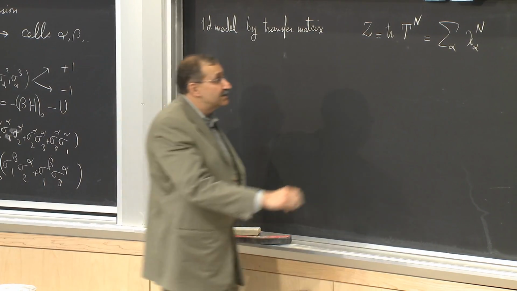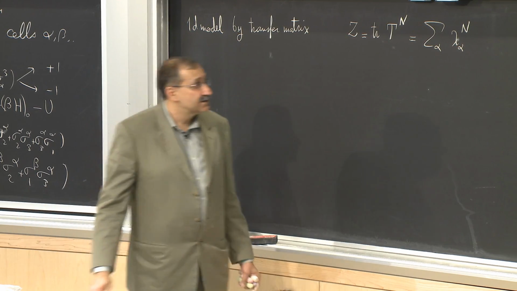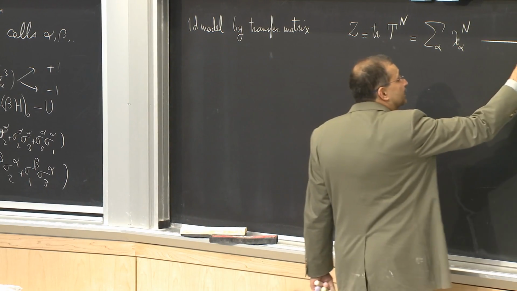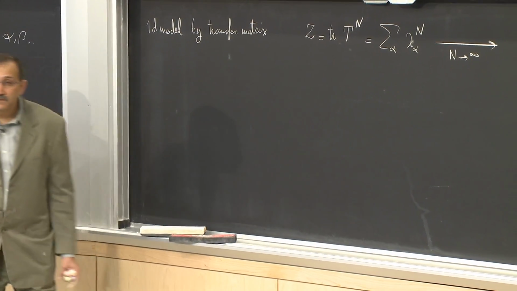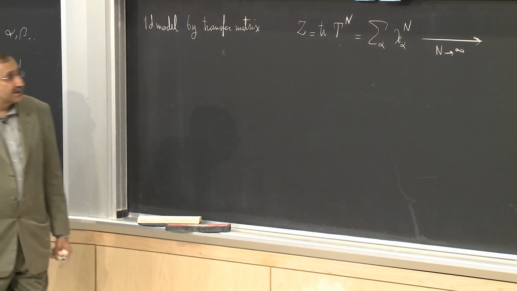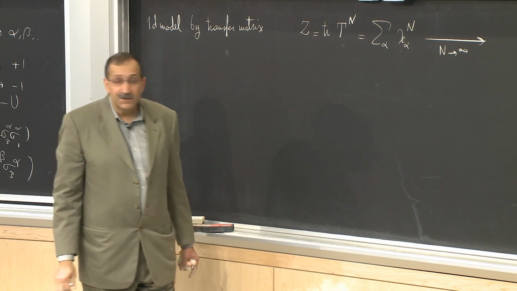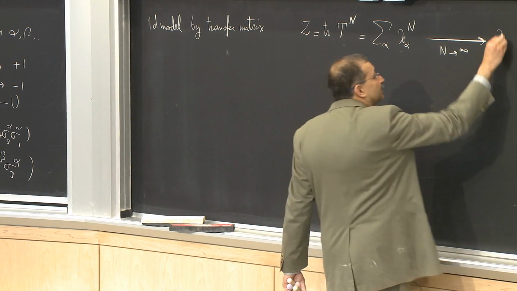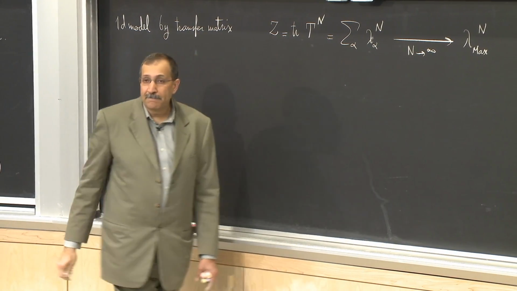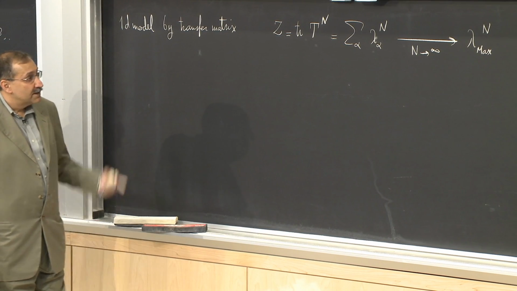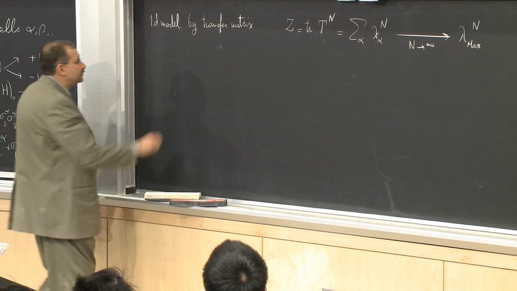Now note that we expect phase transitions to occur not for any finite system, but only in the limit where there are many degrees of freedom. Okay? And actually, if I have such a sum, in the limit of very large number of degrees of freedom, this becomes lambda max to the power of n. Now, in order to get any one of these eigenvalues, what should I do?